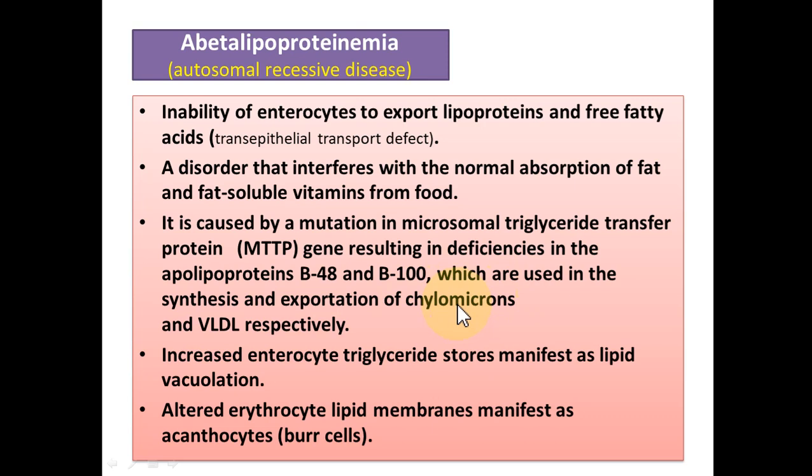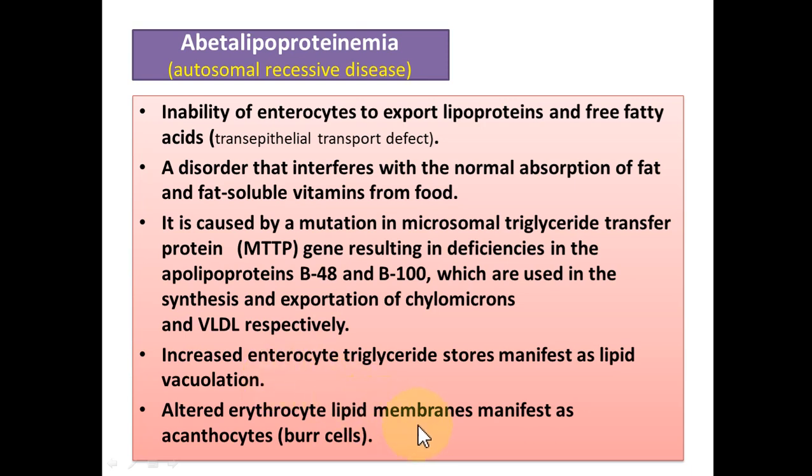So a genetic deficiency of these apolipoproteins will result in failure of the transport of chylomicrons and very low density lipoproteins respectively. So the triglycerides are retained in the enterocytes, not transported into the blood in the lipoprotein form, and they will present as large lipid vacuoles in the cells.